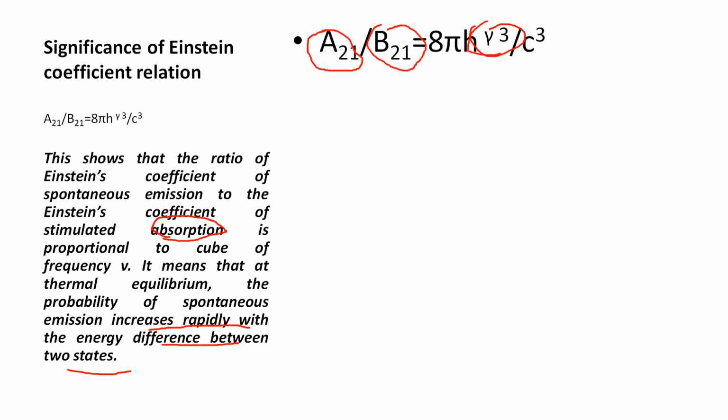The lesser the frequency, the more the stimulated emission. More stimulated emission means more population inversion; all these things are interrelated with each other. So there will be more chances to achieve the laser.